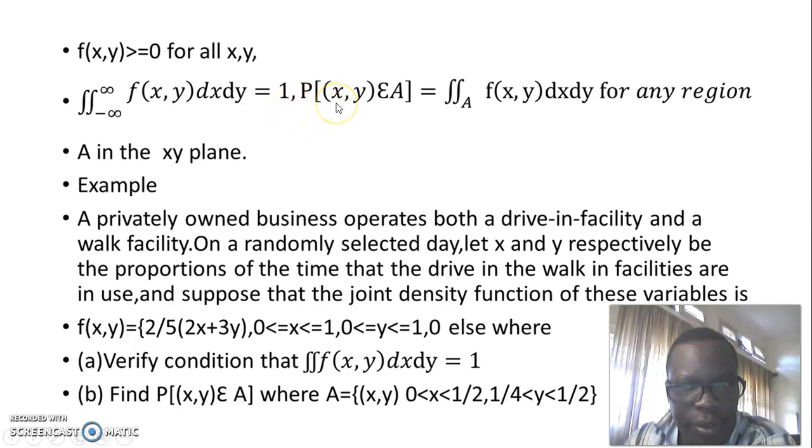So the probability of xy, which is an element of A, is equal to the summation of the probability over the region x and y, for any region A in the xy plane.